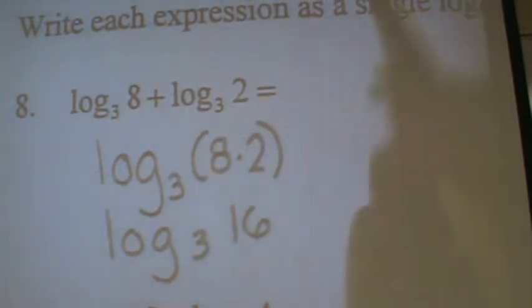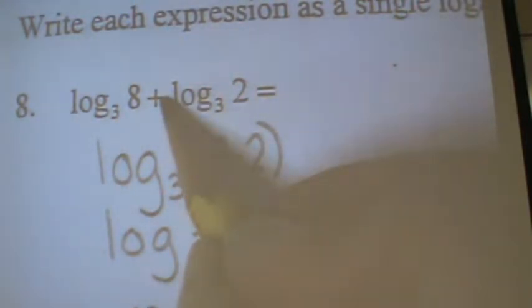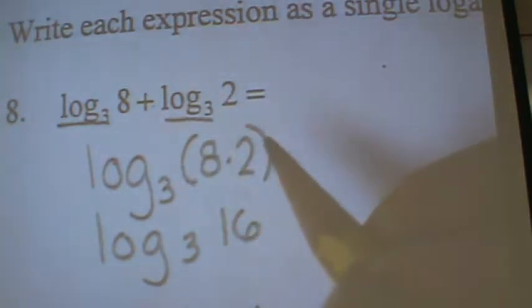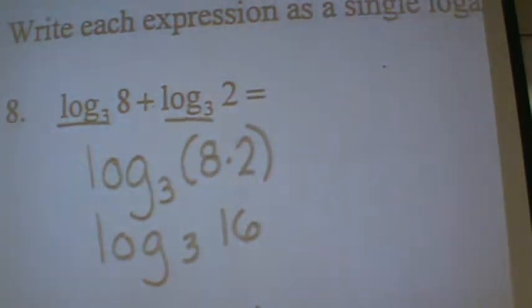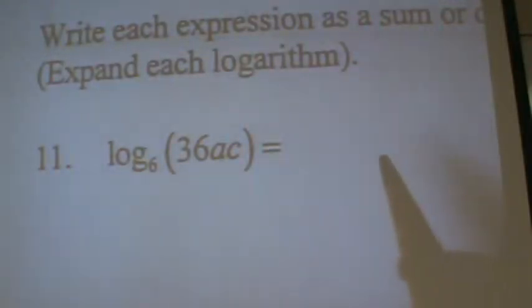So, can you remember, a product is plus. But what has to be the same? The bases. Now, try number 11 on your own. I want you to stretch this out.